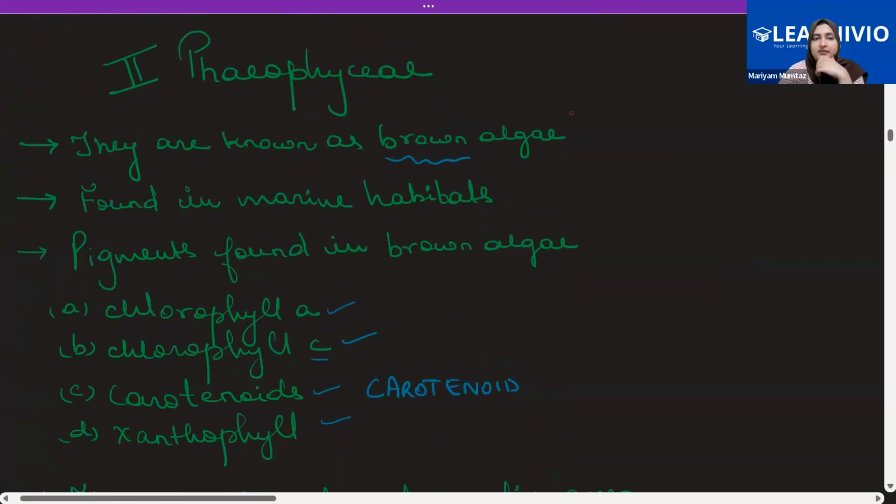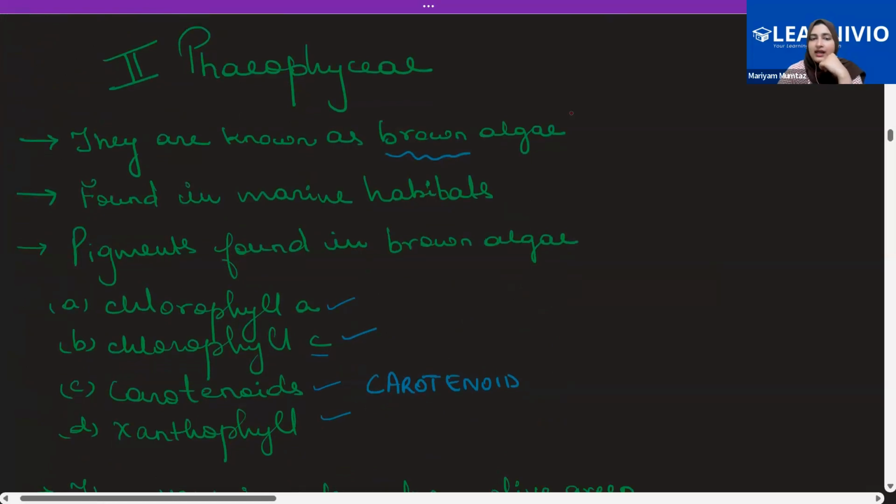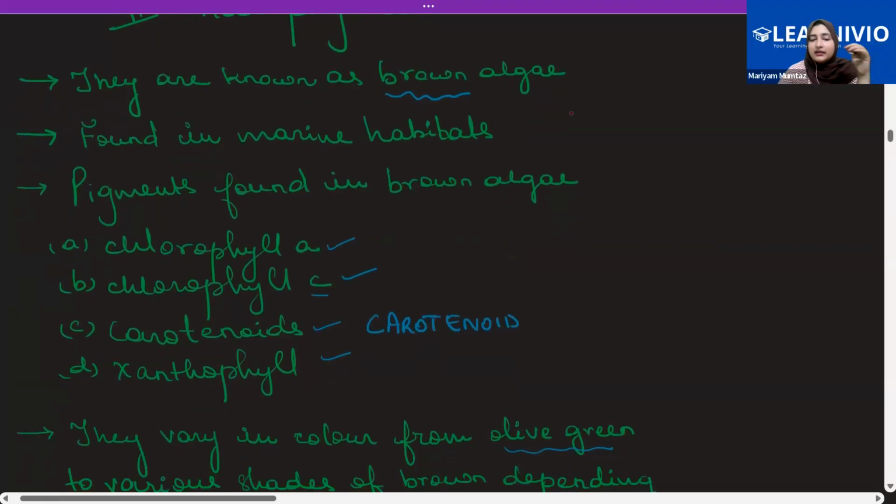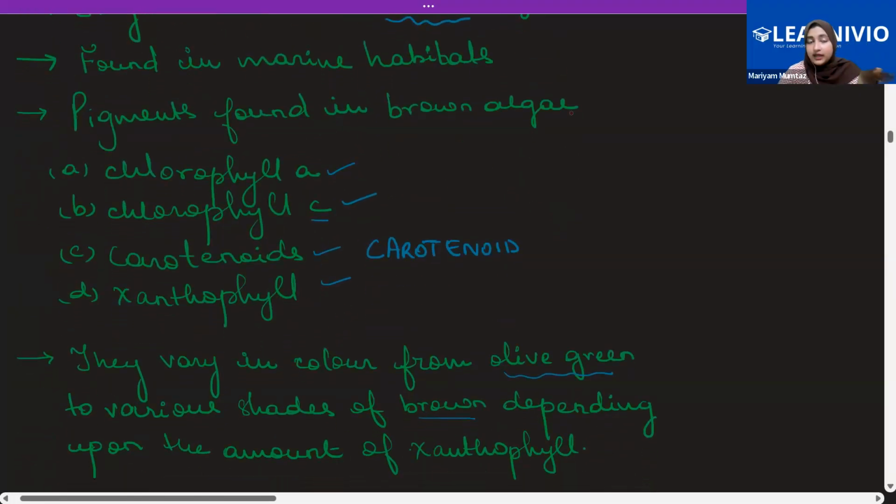After that, there come the brown algae. Now, brown algae are found in marine habitats. And why are they brown in color?